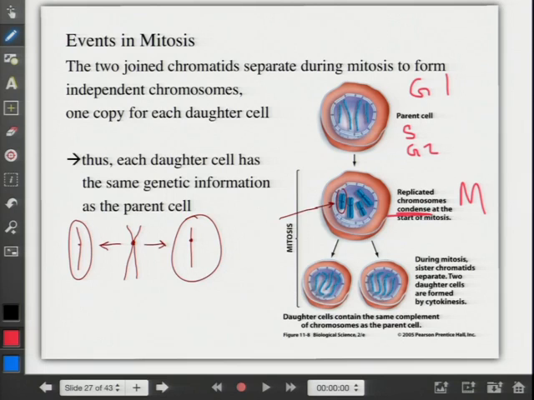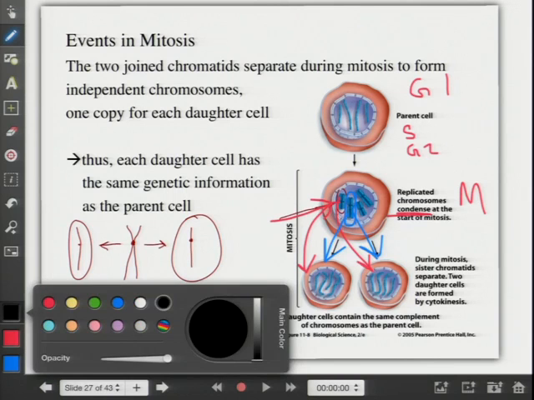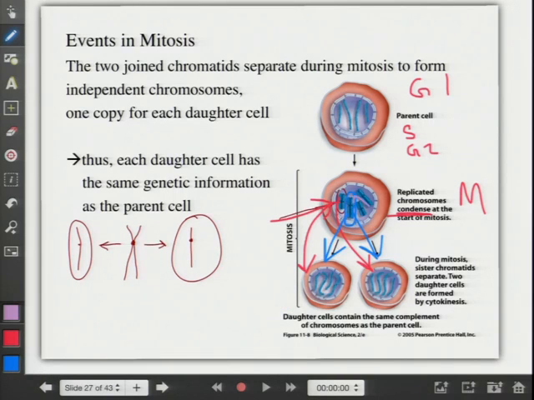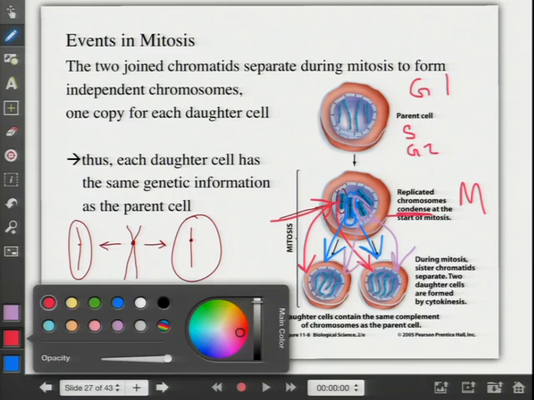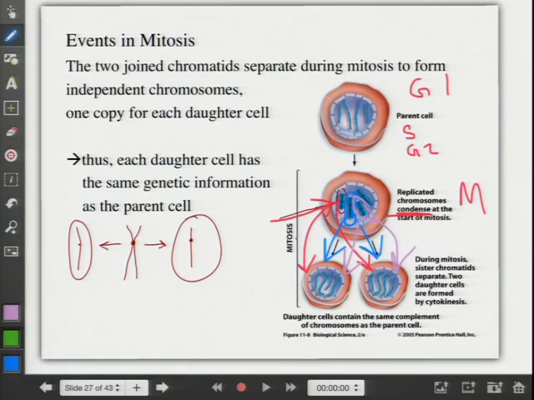So that chromosome, if this guy that's circled here is chromosome number 1, one of the sisters goes here, one of the sisters goes here. For this chromosome, one sister goes here and one sister goes there. For this chromosome, one sister here, one here. I'm using all these colors.